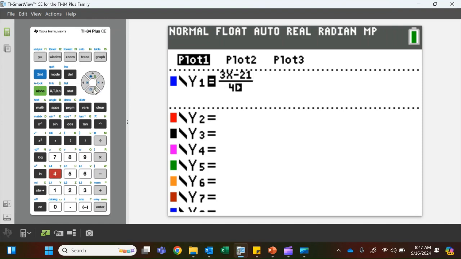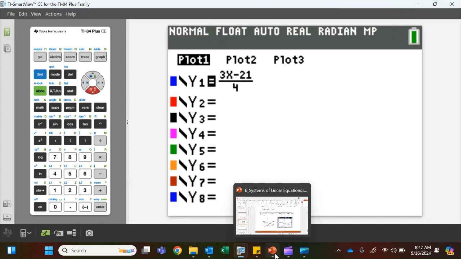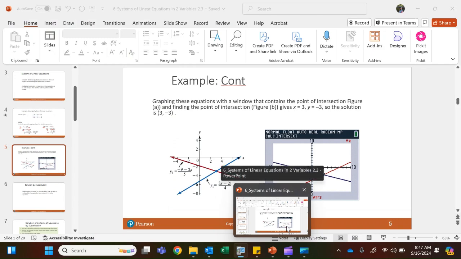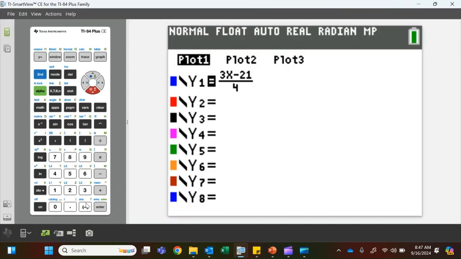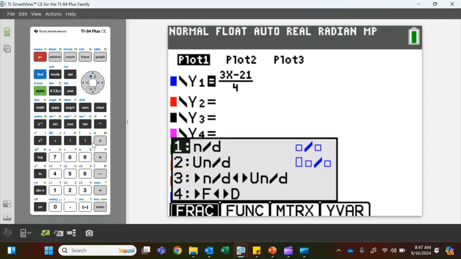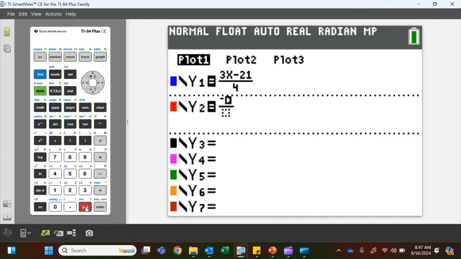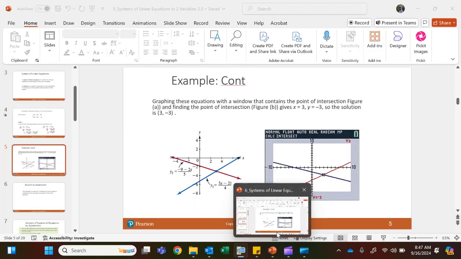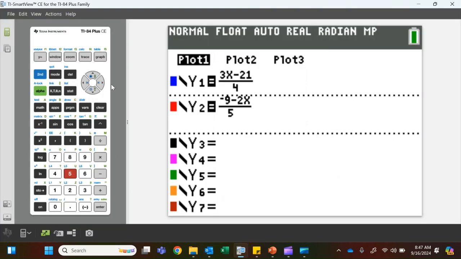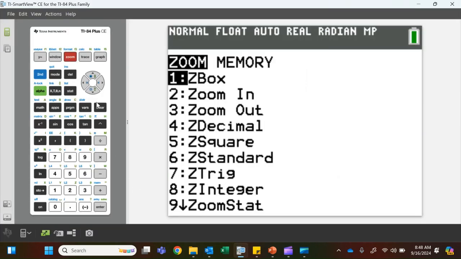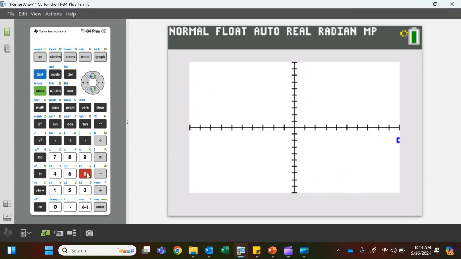And then I have my second equation, negative 9 minus 2x divided by 5. Let me check and make sure I put the right equation in. Sure did. Then I'm going to zoom standard and see if it'll grab it for me.